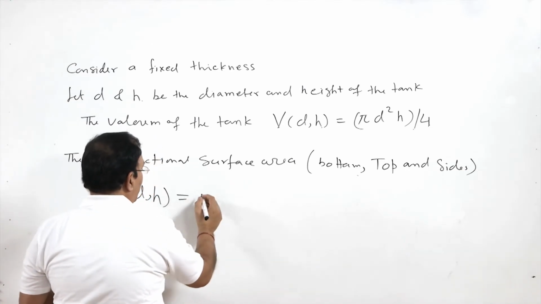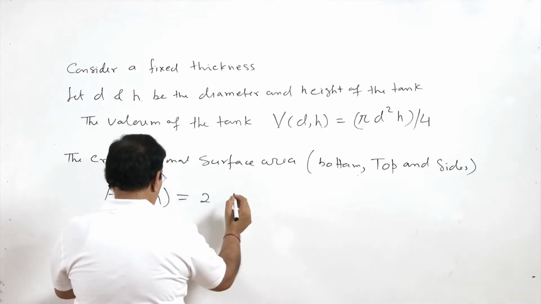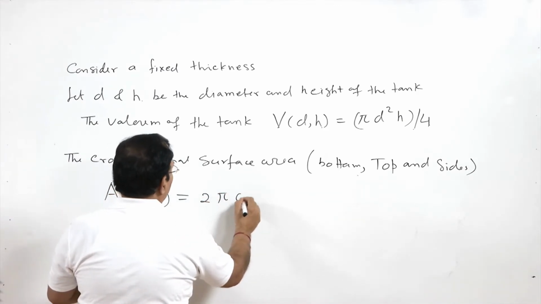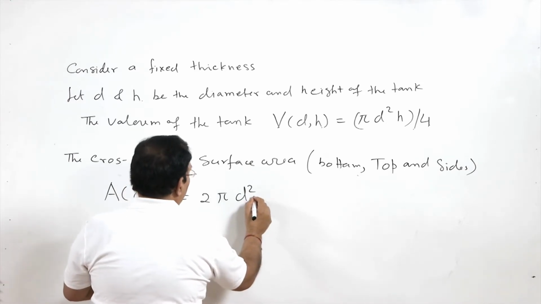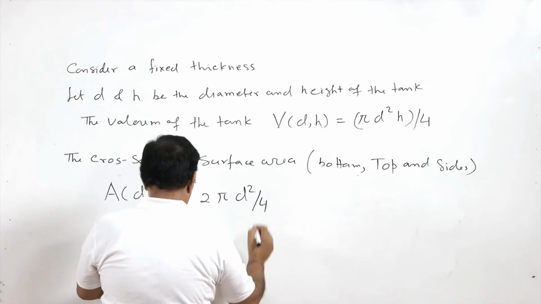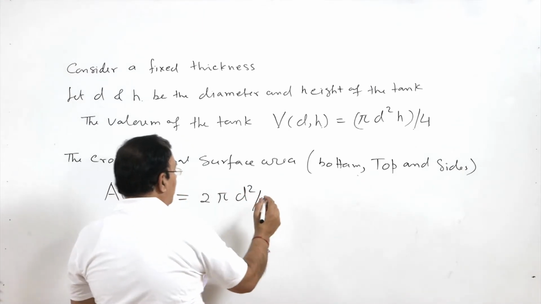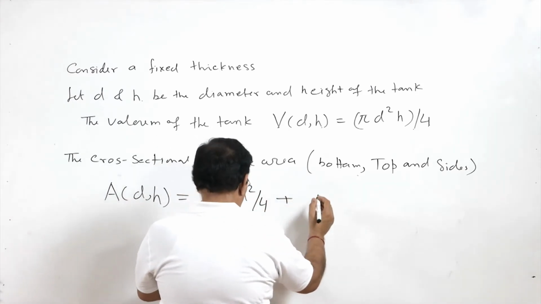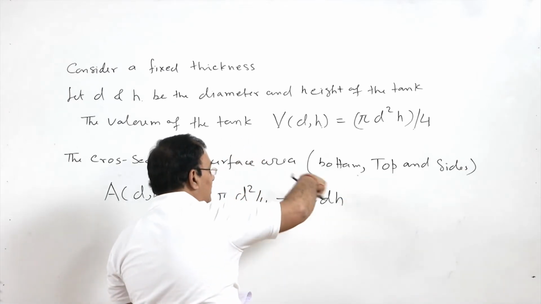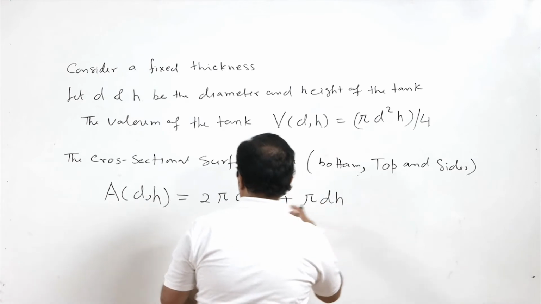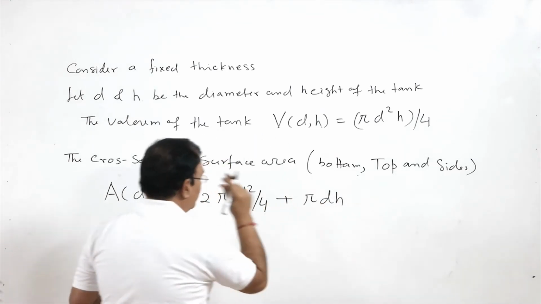I have the top and bottom, so I can write 2 times pi d square by 4, where d is the diameter. This is my top and bottom, plus pi dh is my sides, and this is my surface area.